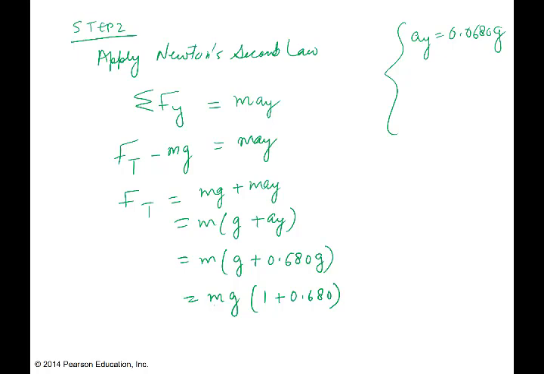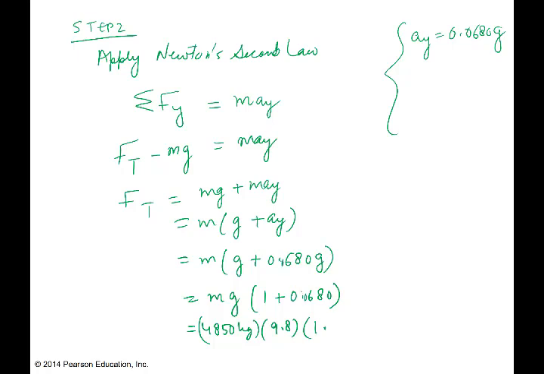Once you substitute m as 4,850 kgs multiplied by 9.8 and 1.0680. Oh, it's a 0 over here.